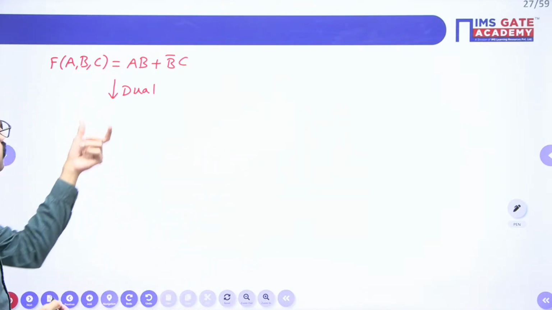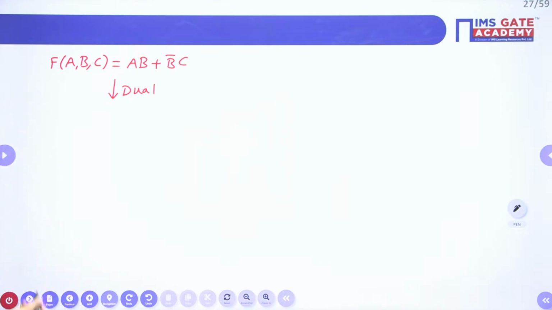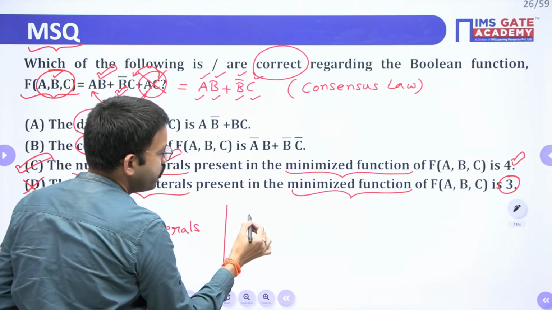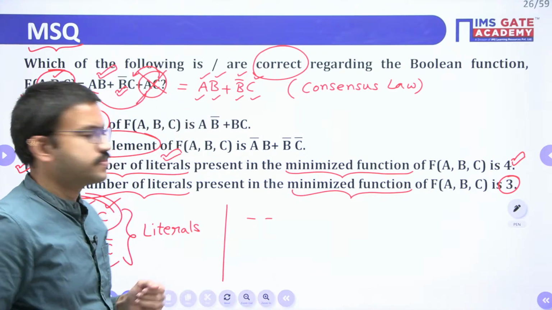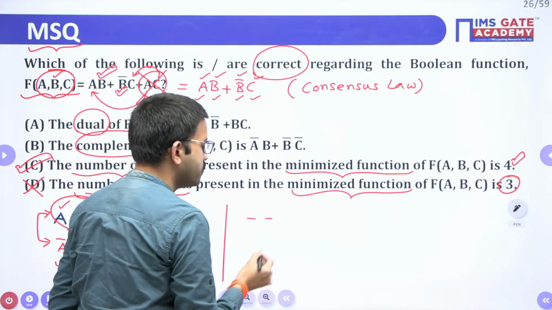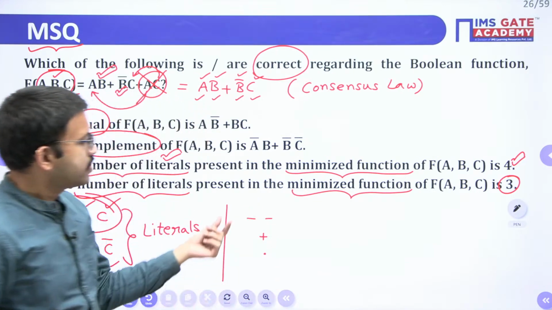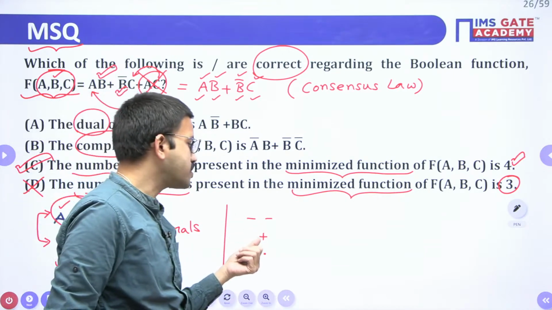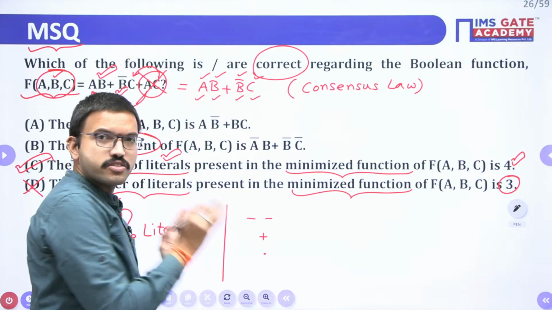In general, whenever you are having 2 variables, the basic operations that you can perform are either logical OR or logical AND. These are the 2 operations you can perform.